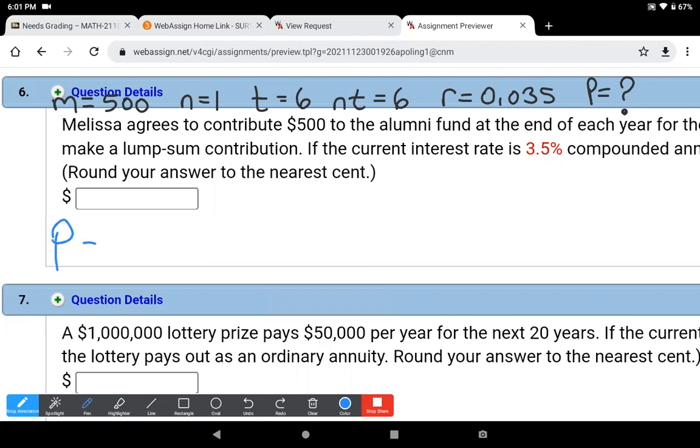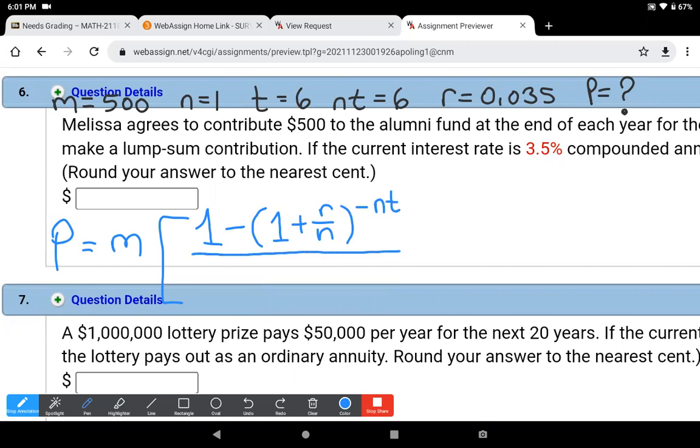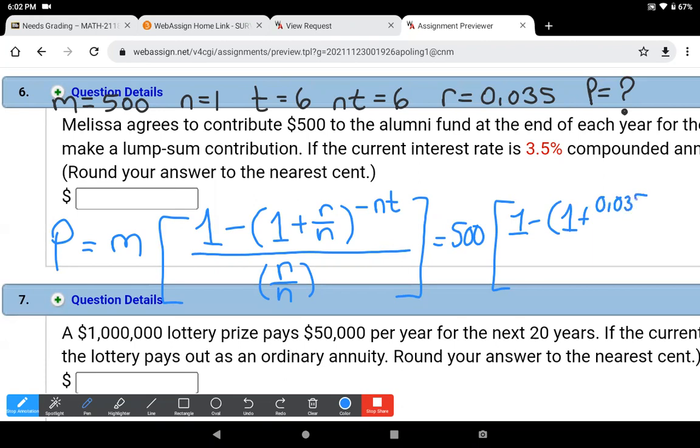P equals M times 1 minus the quantity, 1 plus the ratio, R over N, raised to the negative NT, all divided by R over N. For us, that is 500 times the numerator, 1 minus 1 plus 0.035 divided by 1.